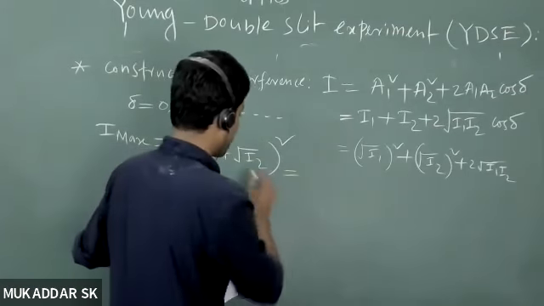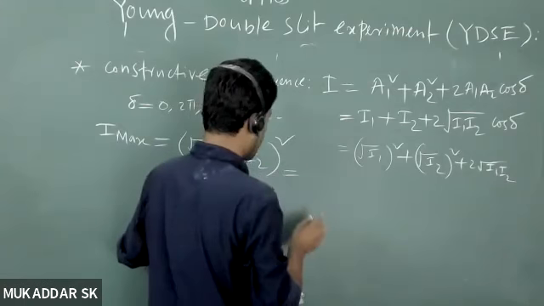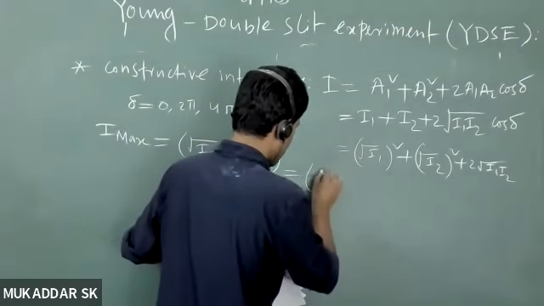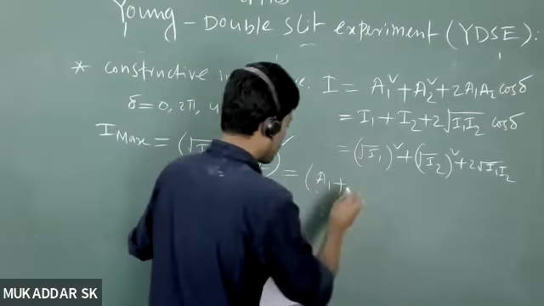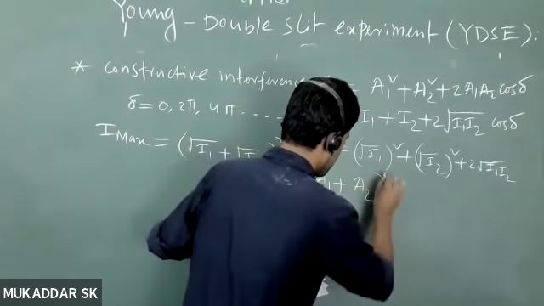You can write in terms of amplitude also. So in place of root over I1, you can write A1. In place of root over I2, you can write A2. So it is (A1 plus A2) square.